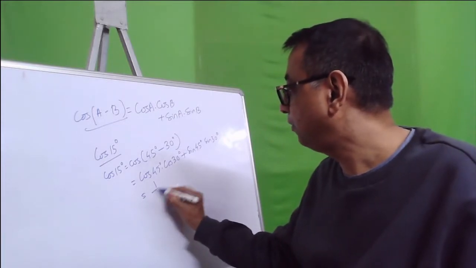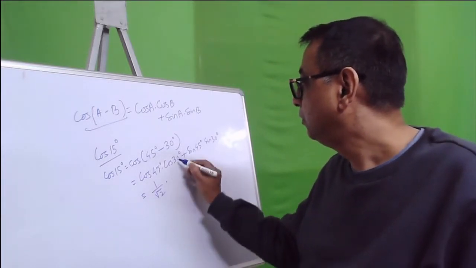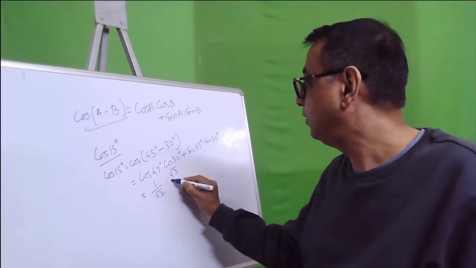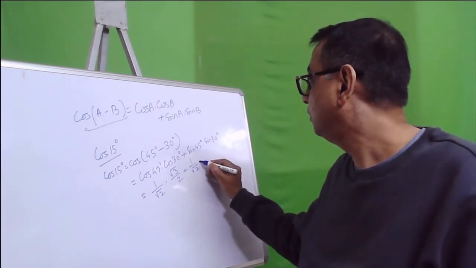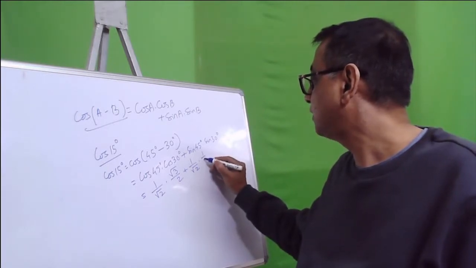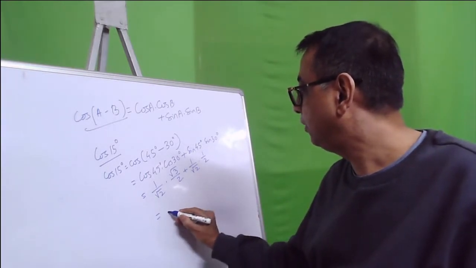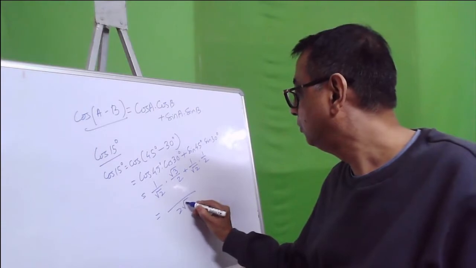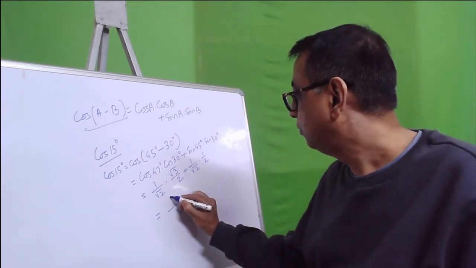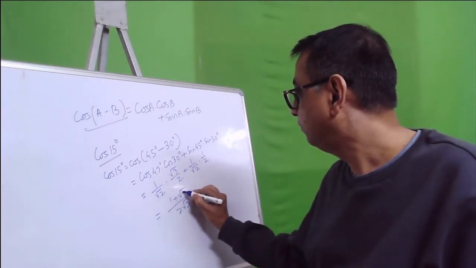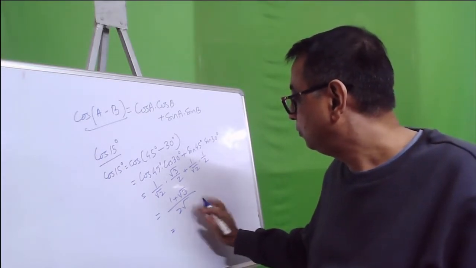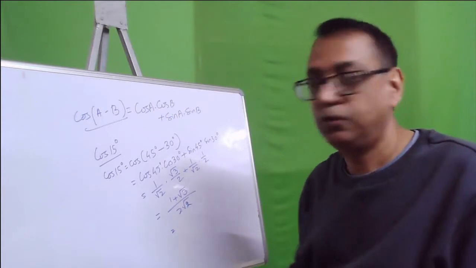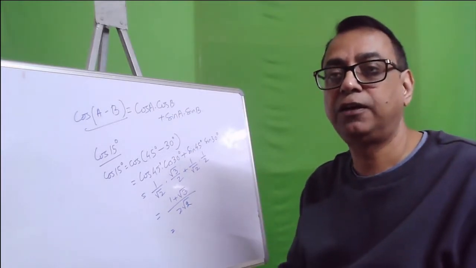So cos 45 degree is 1 by root 2, cos 30 degree is root 3 by 2, sin 45 is again 1 by root 2, into sin 30 degree is half. So it will become, sorry, 1 plus root 3 divided by 2 root 2.